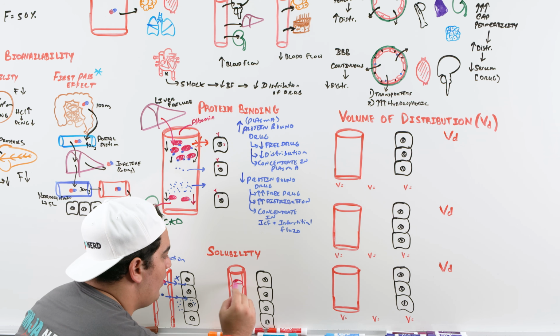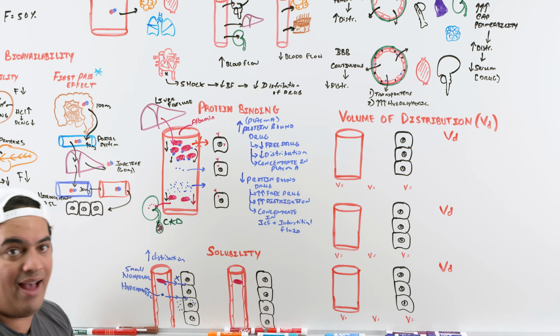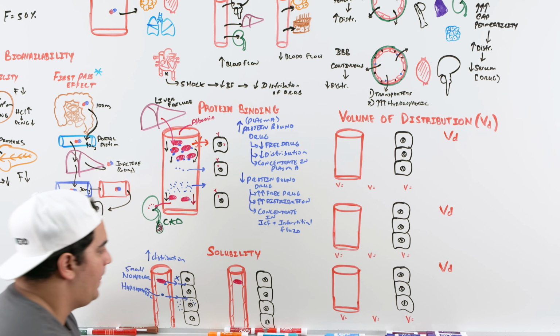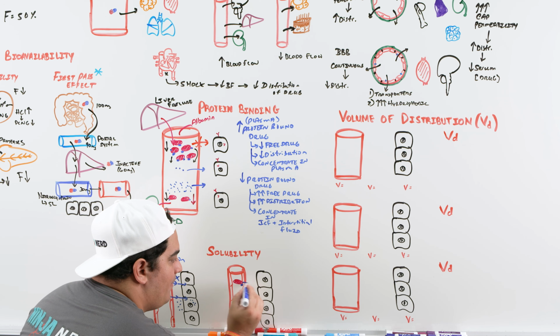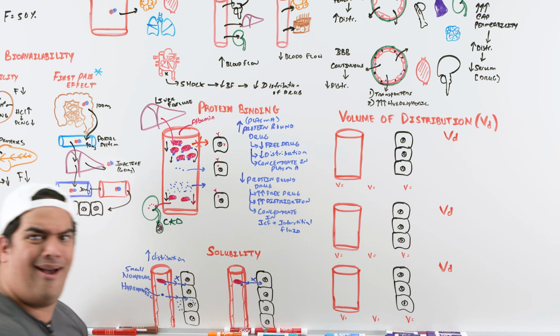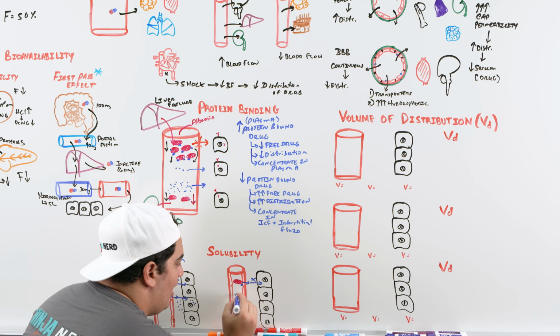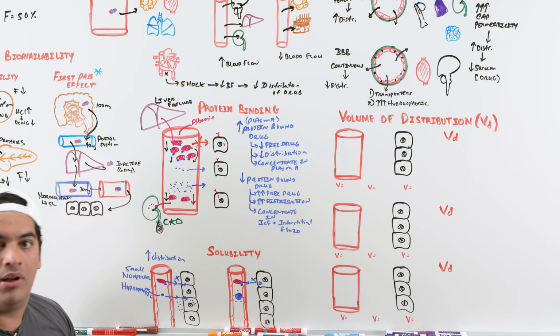Now think about this again. You have a drug that's bound to albumin. High protein binding means that they're going to have less distribution of the drug, right? All right, so would this thing be able to pass here? We already said no. But if I have a drug that's really large and it's charged, doesn't that kind of look like albumin a little bit?